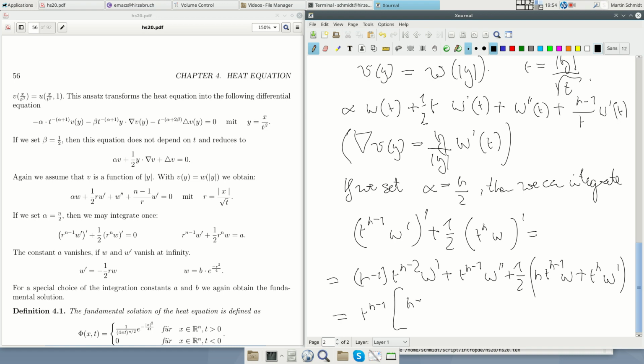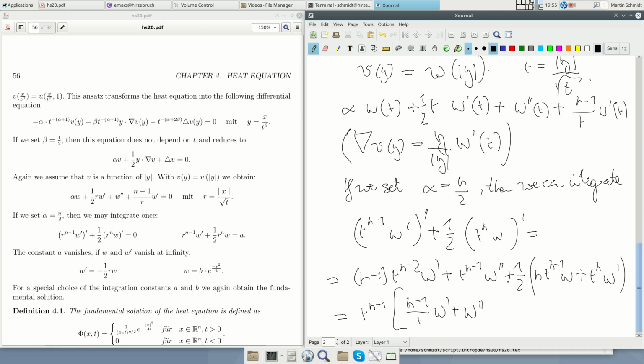We get n minus 1 over r v prime. Yeah, this term here. Yeah, it's correct, one power less. And then we get plus v double prime. So we see we indeed get this factor here.